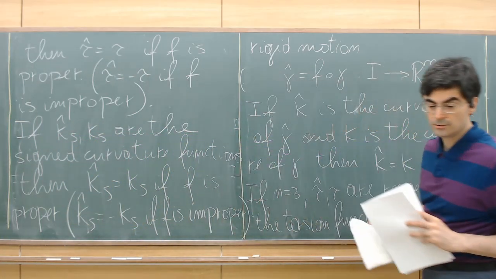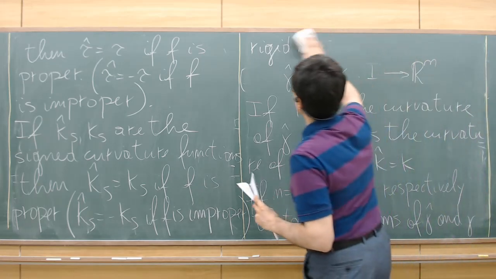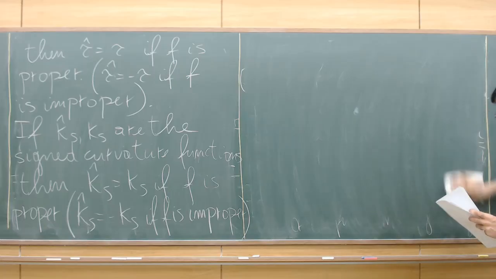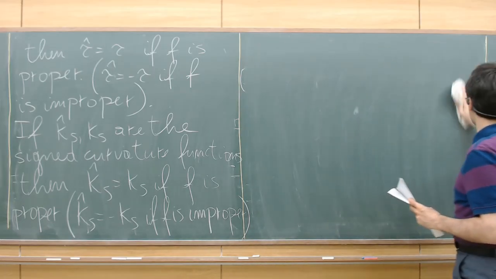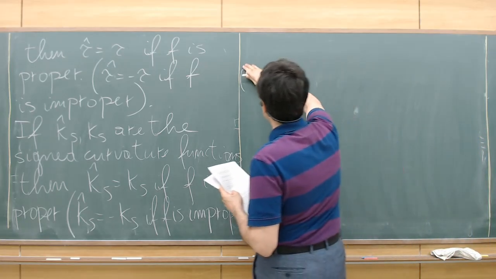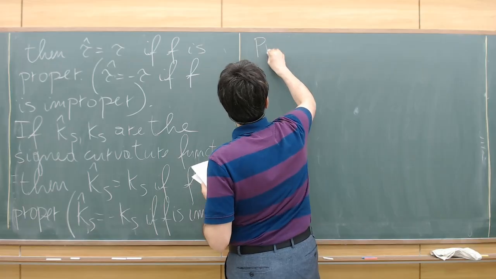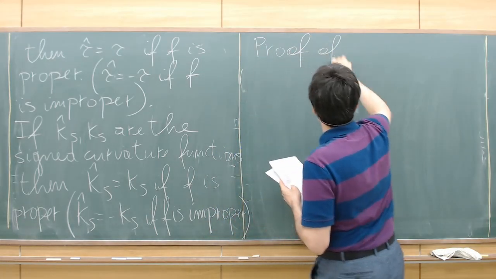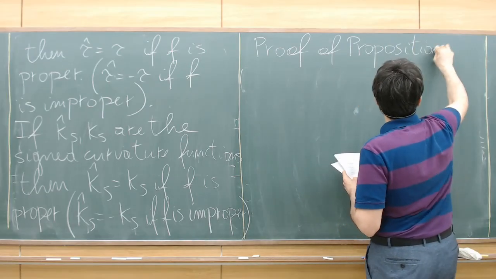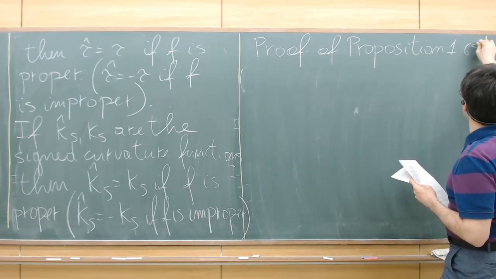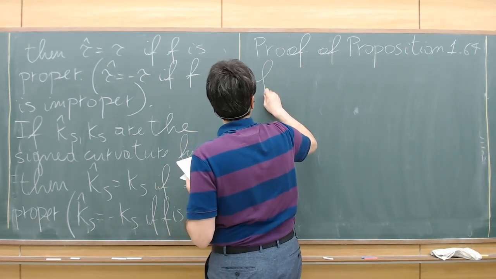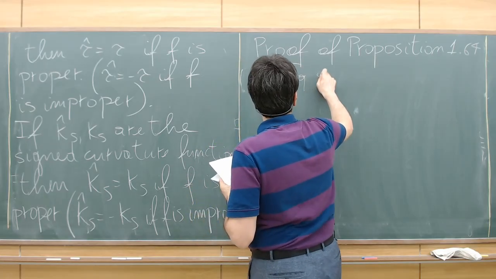Okay, let's see the proof of this result. By Proposition 1.58 we know that f is given by P_Q composed with L_A.